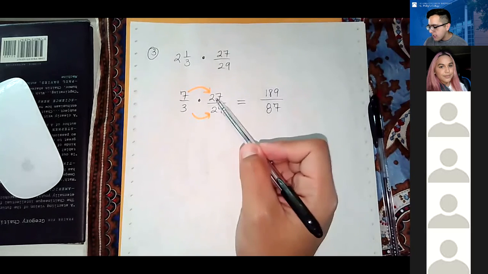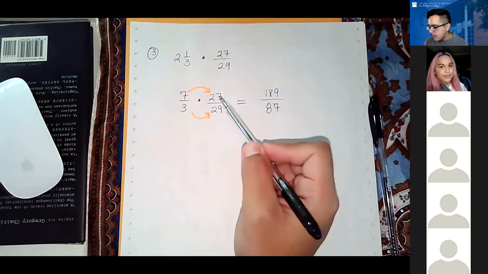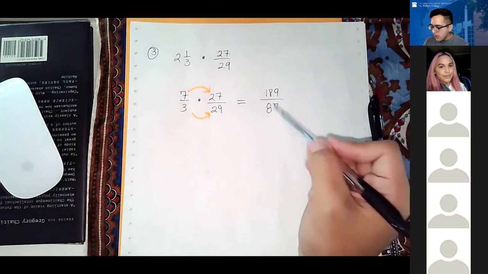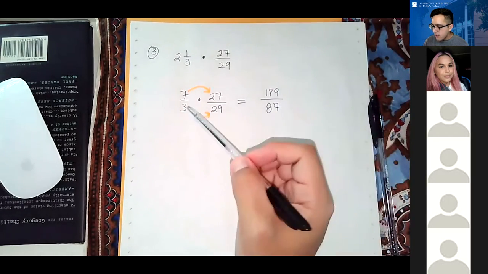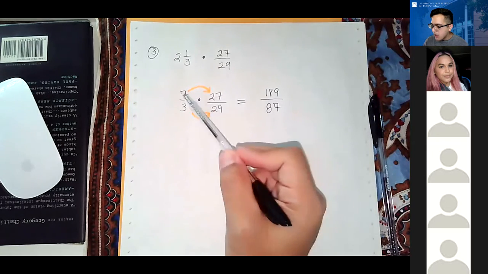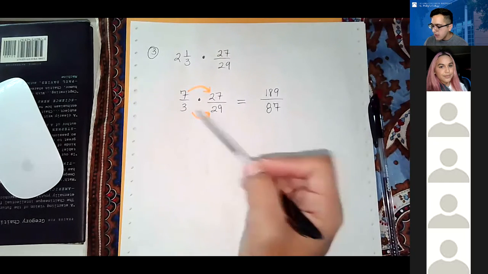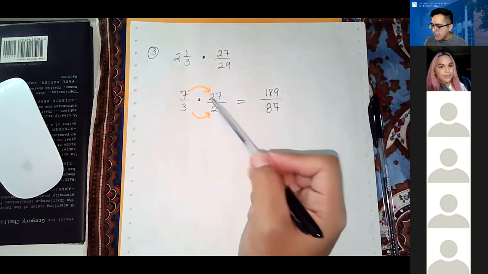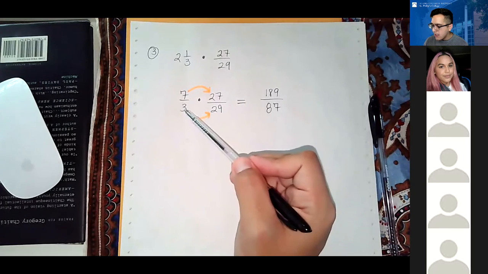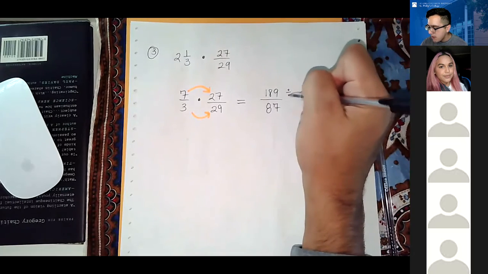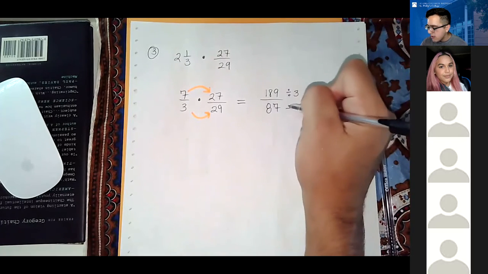Actually, the 3 and the 27 had a common factor. You might say, well, it's kind of hard to tell what common factor they're going to have here. But remember, I'm examining what's on top and what's on the bottom to see what is divisible by something else down here. So 27 is divisible by 3. That means I should be able to divide out a 3 from both of these. Let's check that out.